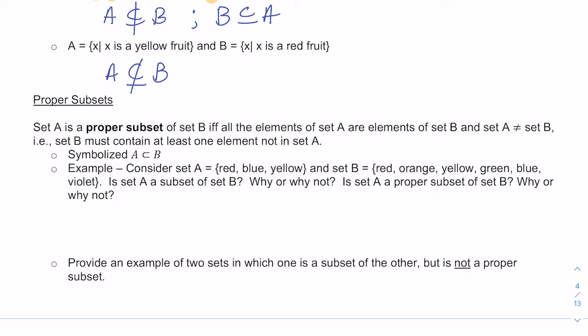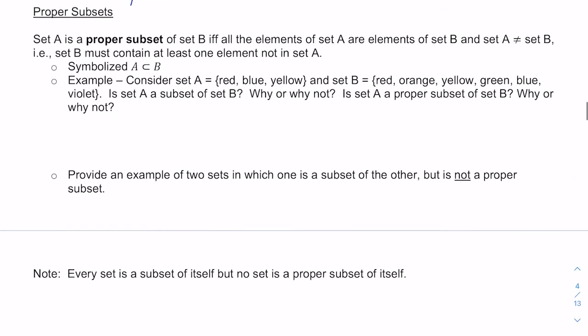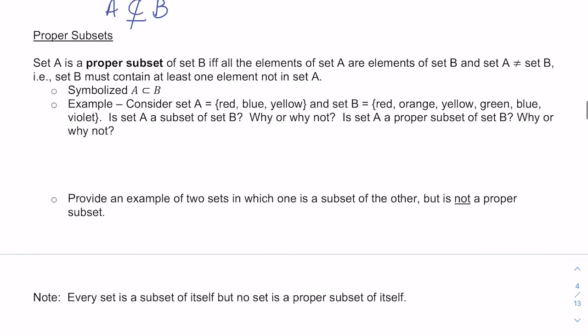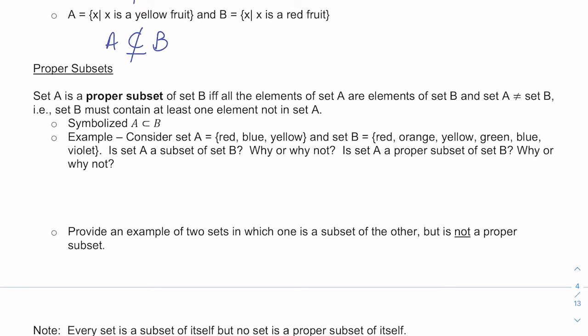Now, subsets are slightly different than proper subsets. A proper subset occurs when all the elements of set A are elements of set B, and set A does not equal set B. If you'll recall from earlier, we talked about sets being equal in the last lecture. Sets are equal when they have the same elements, so if they're not equal, they don't have the same elements.